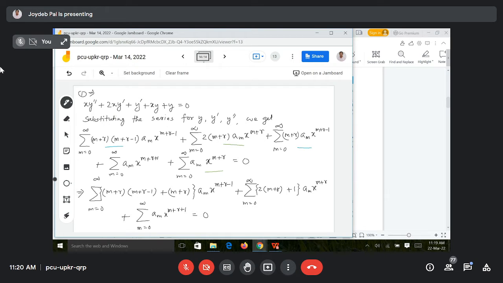So for the uniformity, I can convert this m plus r minus 1 to m plus r form, and this m plus r plus 1 to m plus r form. So for that, what do I have to take as substitution?